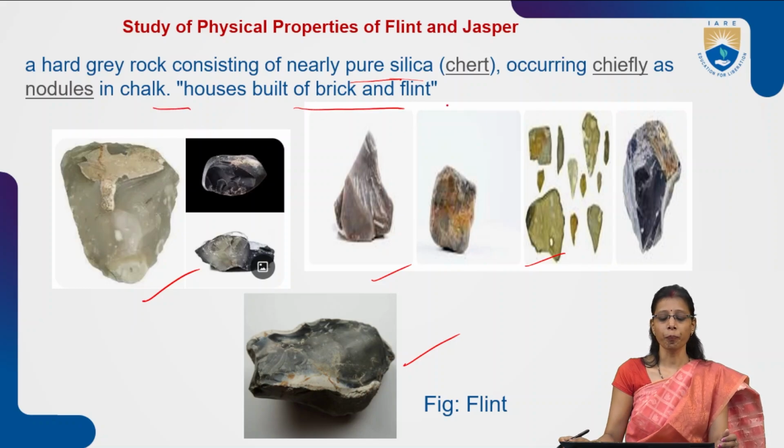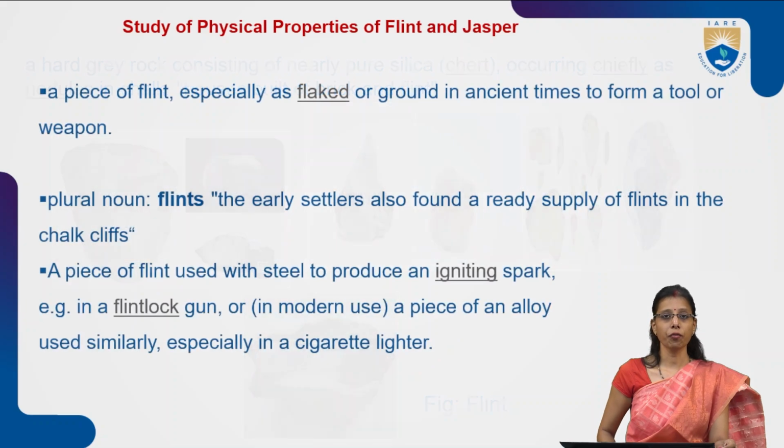Houses were built by brick and flint. Historically it was used as a weapon by people who did not have other kinds of materials, and they used this flint for building houses.